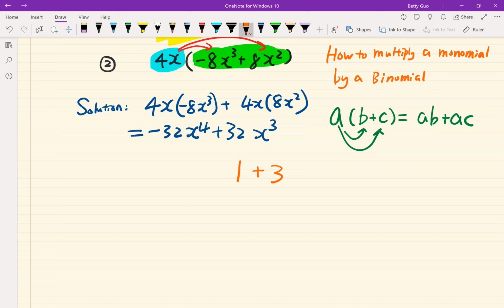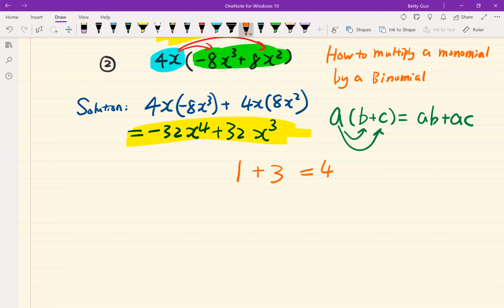And what's the degree of the product we just got? 4. Do you see this again? You multiply two polynomials, you get a product, right? Turns out the degree of the product is the sum of the degrees of the two polynomials in the multiplication. It's a fact. It's not a coincidence. This rule always applies.